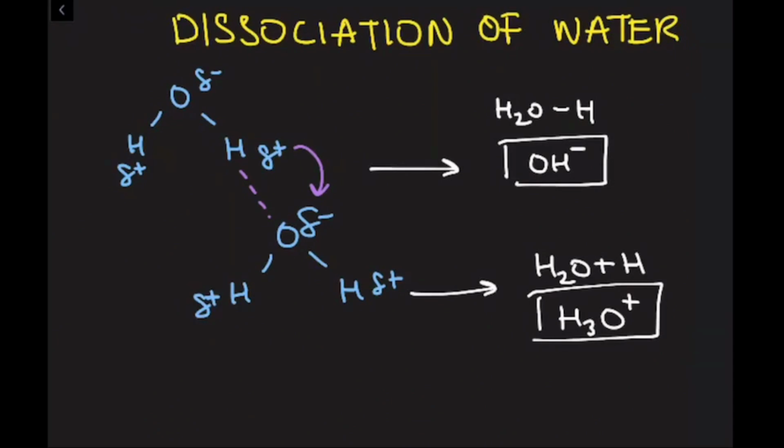So basically, instead of having two water molecules, we end up with an H3O plus ion and an OH minus ion. This is the chemical reaction for this process. You have two water molecules as the reactants, and they form one hydronium ion, H3O plus, and a hydroxide ion, OH minus. In pure water, the concentrations of hydronium ions and hydroxide ions are equal.